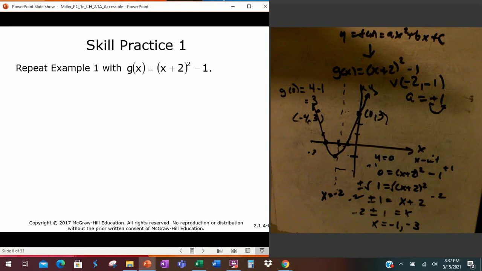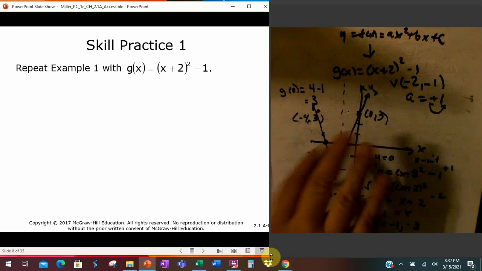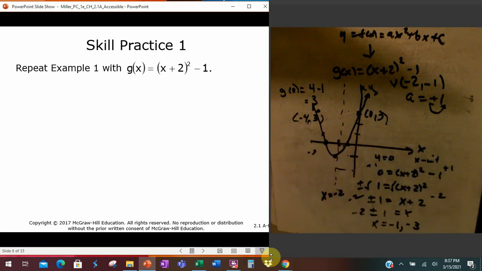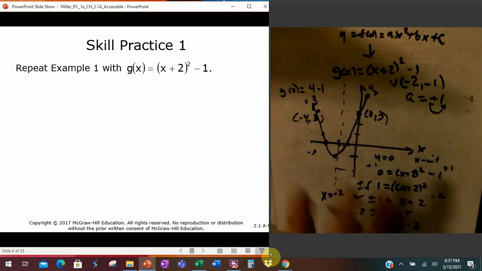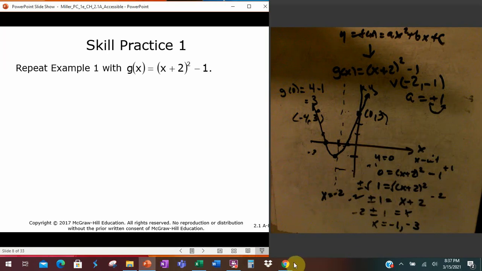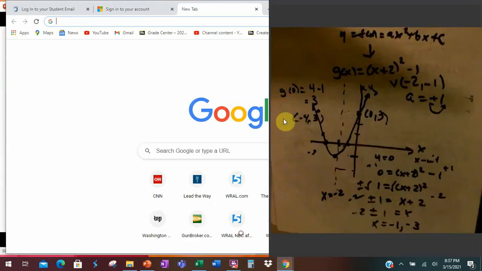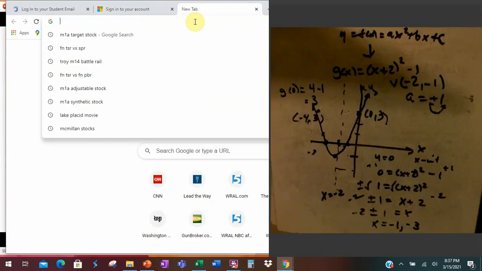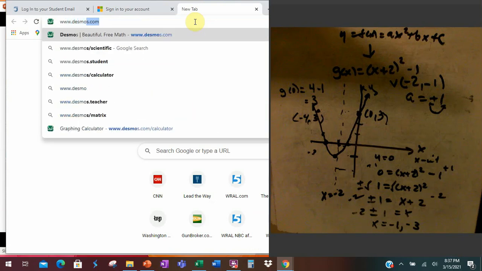Okay. So let's look at Desmos. It does a much better job. And again, I just do these sketches as something quick to get an idea of where things are, how everything is set up. And if we needed detail, we would go to Desmos, and I'll go to www.desmos.com.